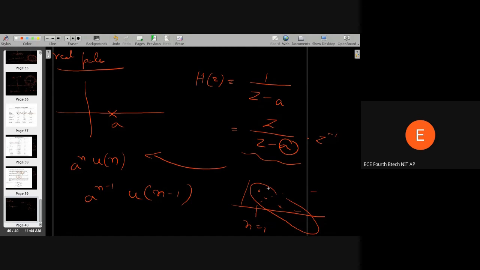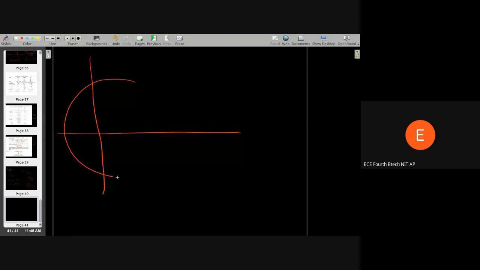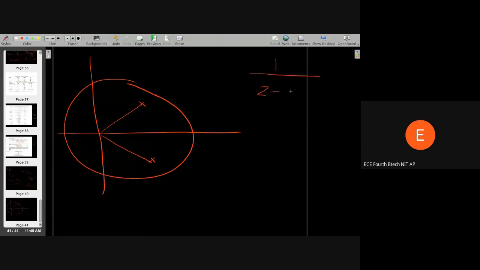So now let's see what will happen for complex conjugate poles. Let's say this is a unit circle, and there is a complex conjugate pole. So 1 by z minus a times z minus a star.